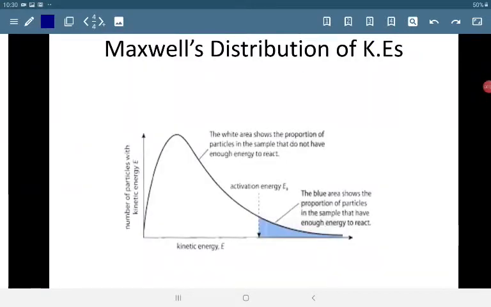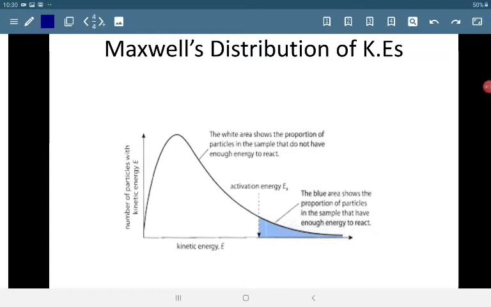This graph represents Maxwell's distribution of kinetic energies. In a given sample of a gas, all the molecules do not possess the same energy. There is a fraction of molecules which possesses very low energy, and a fraction which possesses very high energy, whereas a large fraction possesses intermediate energies.